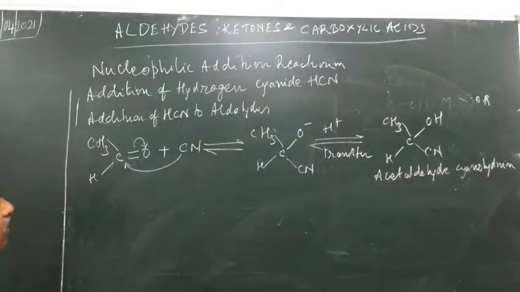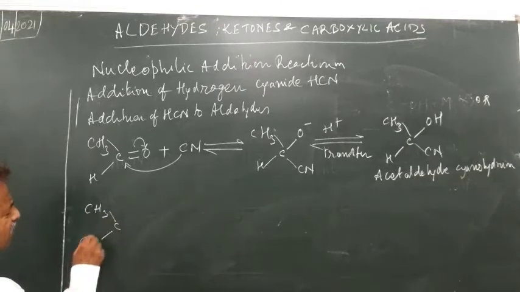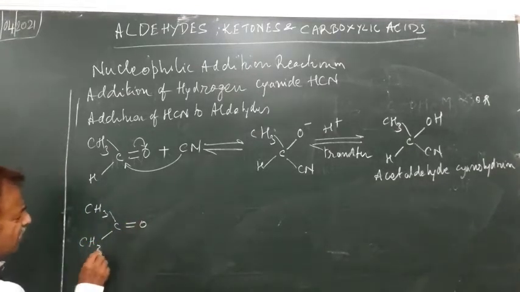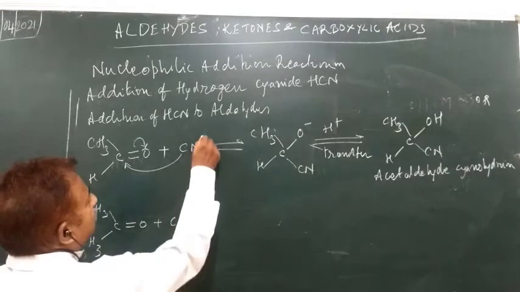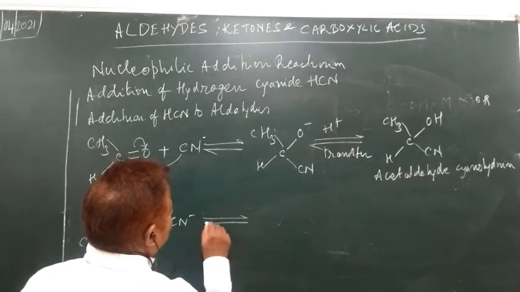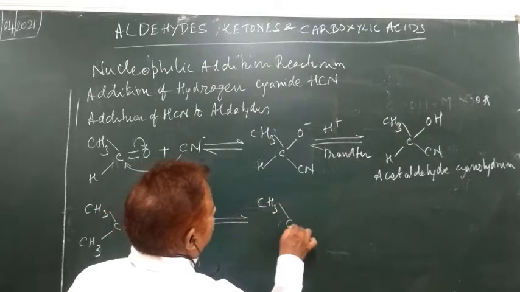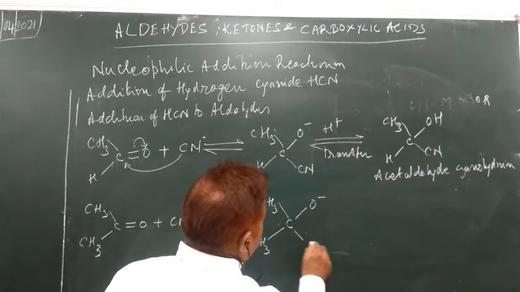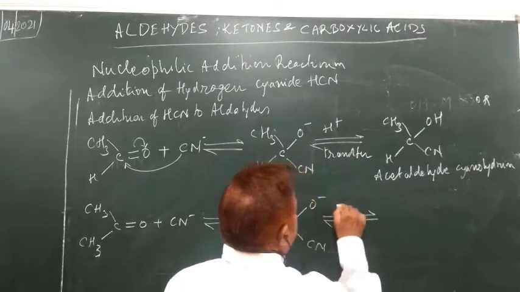On the other hand, let us see the reaction with ketones also. CH3, CH3, double bond O. This is acetone, plus CN minus. Here we get CH3, CH3, with O minus and CN, and here proton transfer takes place.